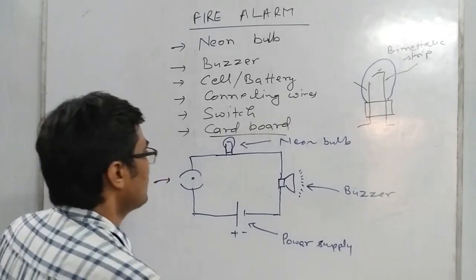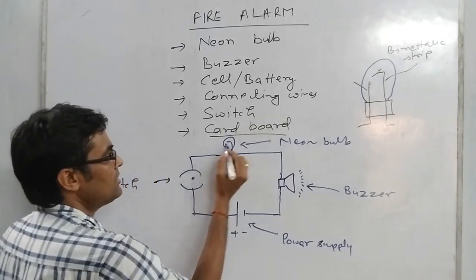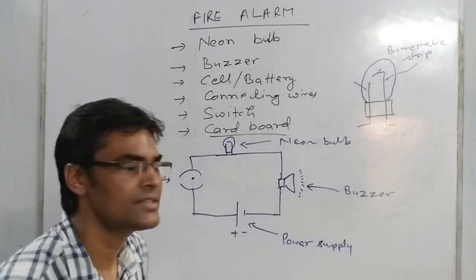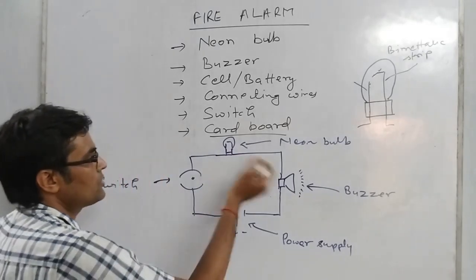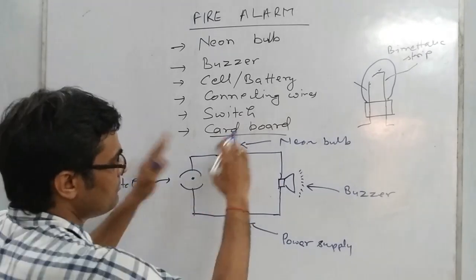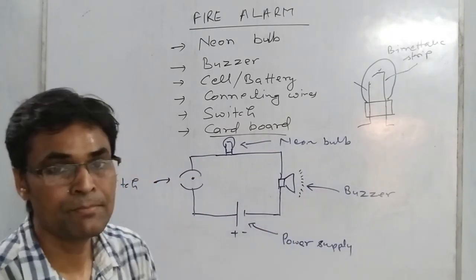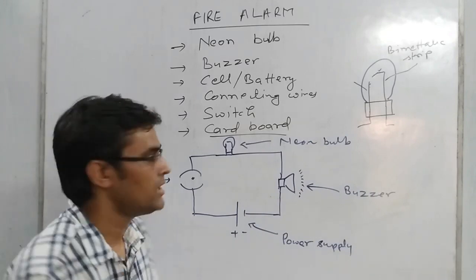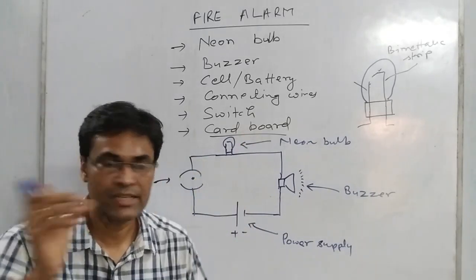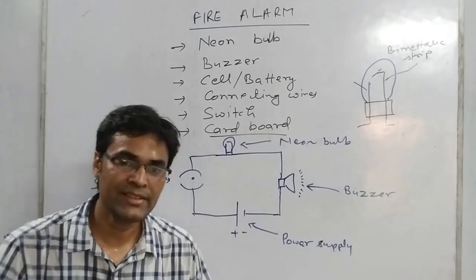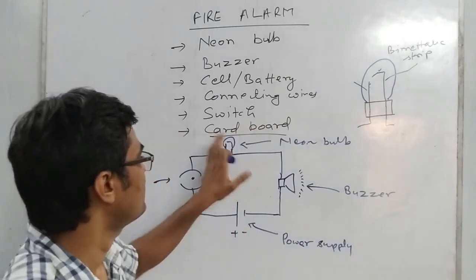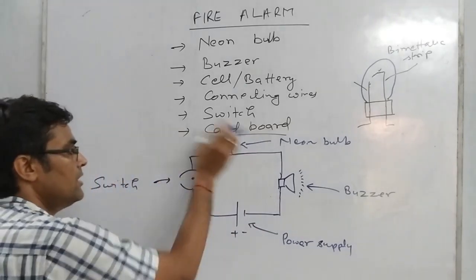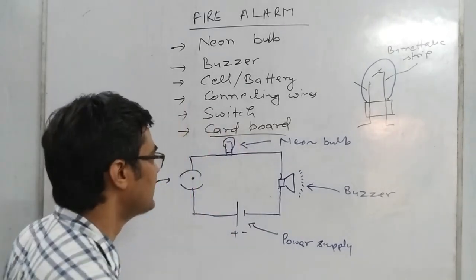At initial conditions there is a gap between the bimetallic strips, so no current flows. If you want to make this buzzer beep, we require a lighter or something to heat up this neon bulb. So we just bring some heat near to it, like a gas lighter.